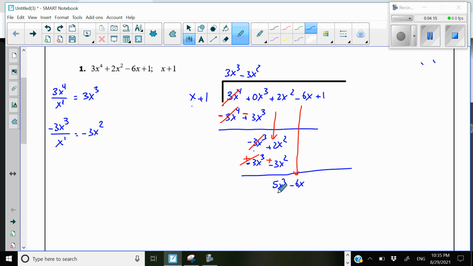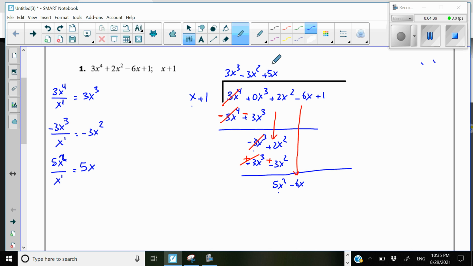Again, repeat the same steps that we had before. Take the first term, divide it by the first term. 5x squared divided by x. This will be 5x. 2 minus 1 is 1, so 5x. Write that here, 5x.